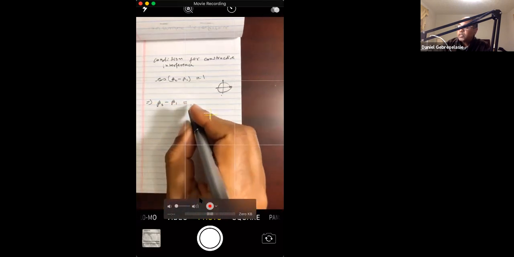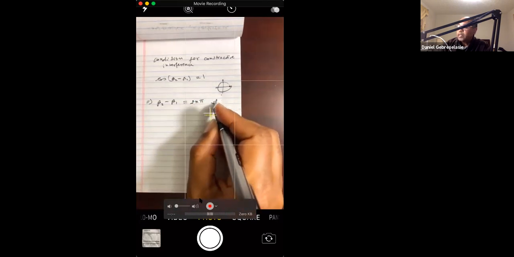So cosine equals 1 when the angle is an integral multiple of 2 pi or an integral multiple of 360 degrees. So we can say that this implies beta 2 minus beta 1 equals 2n pi, where n is an integer, okay? So this is the condition.